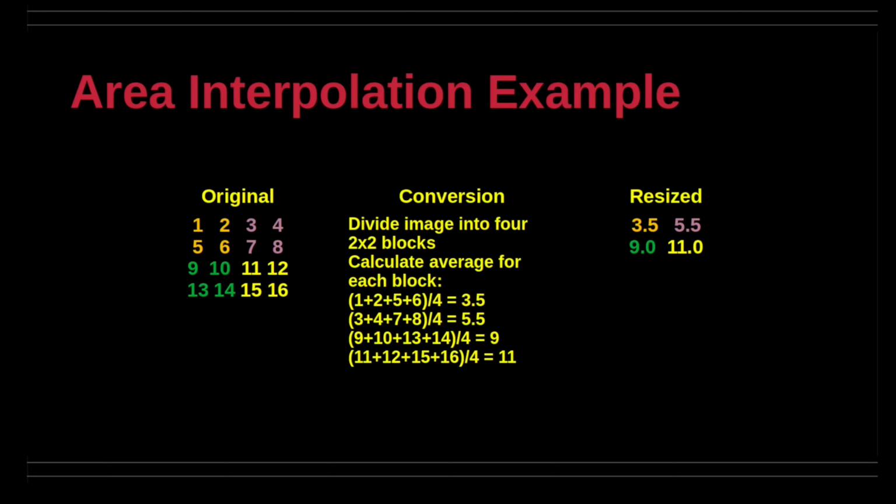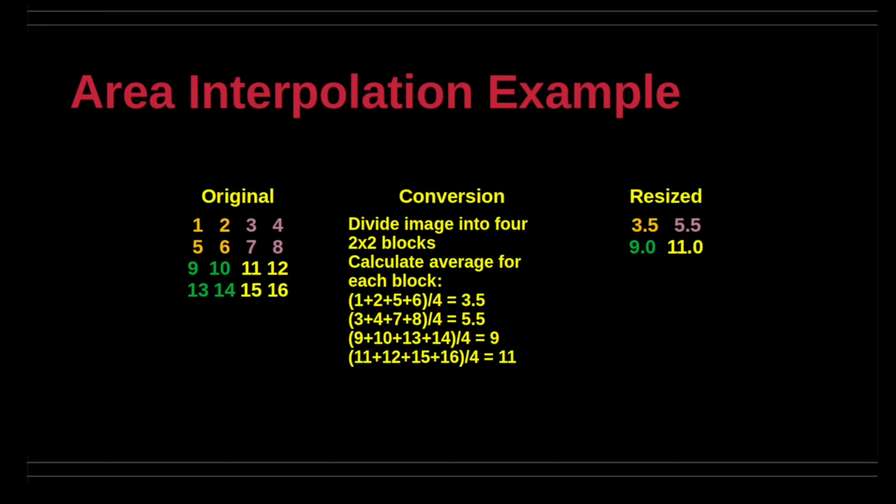Consider the original image illustrated by pixel values on the slide. To downscale it to a 2x2 image using area interpolation, divide the image into 4 2x2 blocks. Calculate the average of each block. Top left block is (1 + 2 + 5 + 6) / 4 = 3.5.